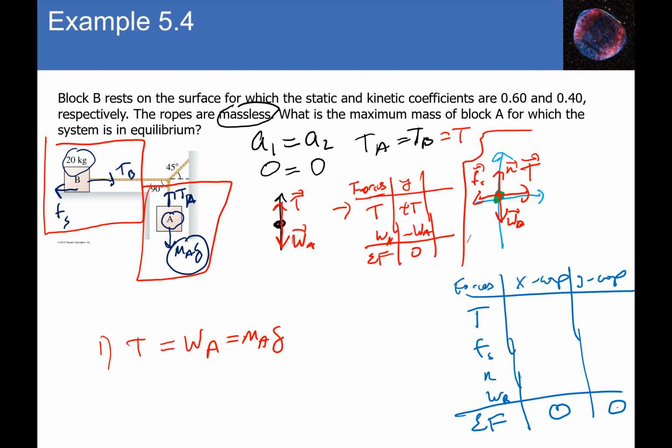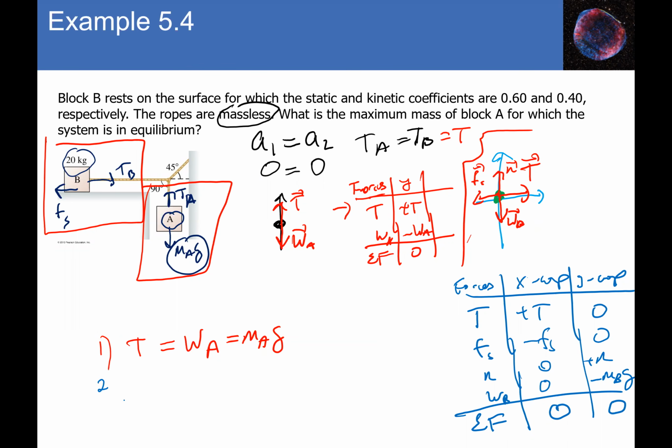Okay. So here's my net force. I want to have static equilibrium, right? So plus T, 0, minus F of S, 0, 0, N, and 0 minus MBG, right? So weight of B here is MBG. Then I can use that to get two more equations.